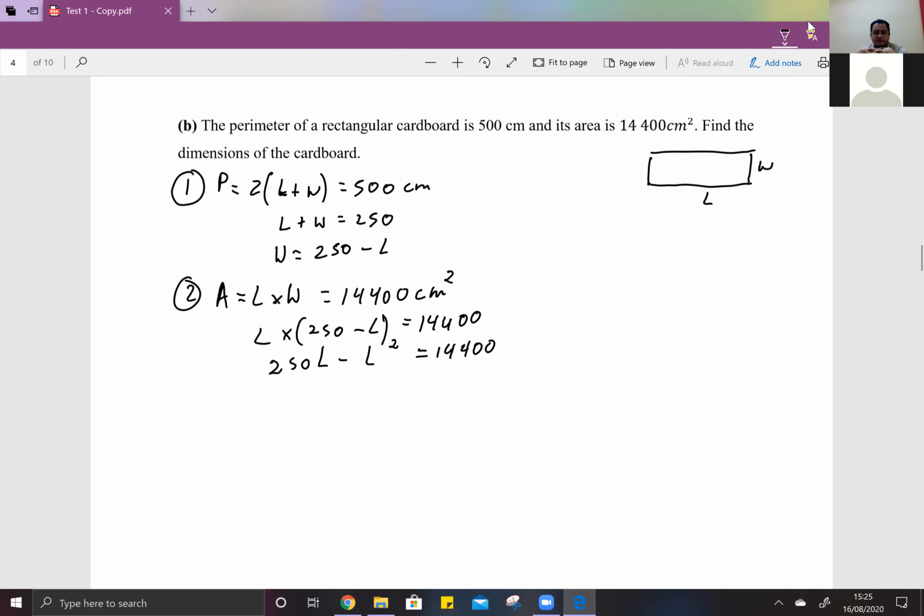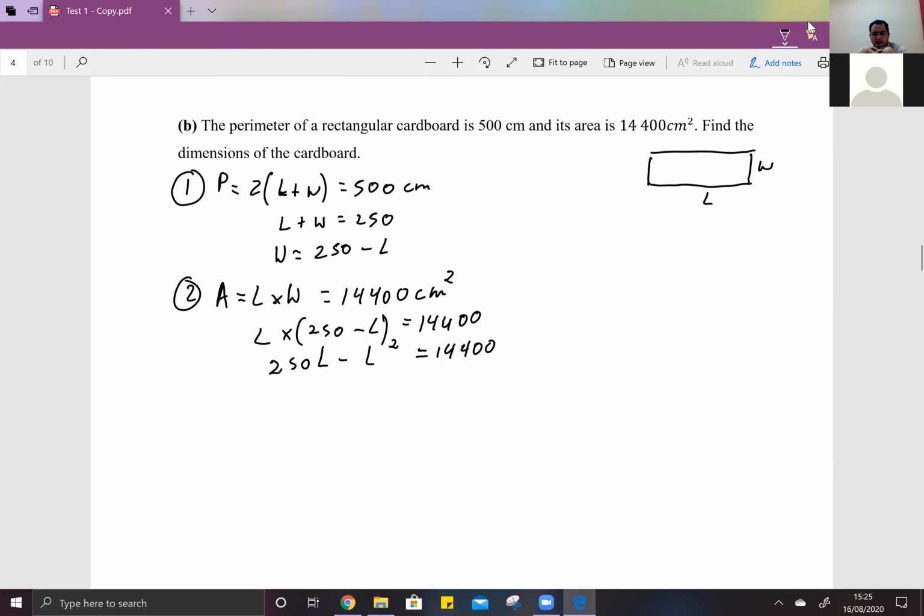Okay. Good. All right. As you see here, it's a quadratic equation. Let's take everything to the right-hand side. And can you solve it, Amira, as fast as possible? I take everything to the right-hand side. What do we have here? L squared. No, I don't write L squared first. Oh, isn't it negative? It will be negative L squared. Yeah, if you take everything to the right-hand side, minus L squared becomes plus, right?